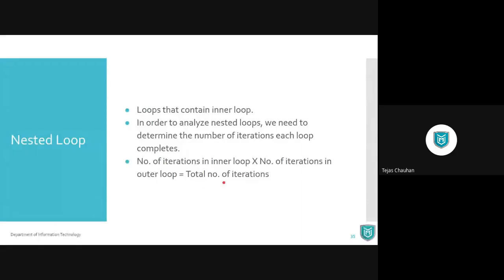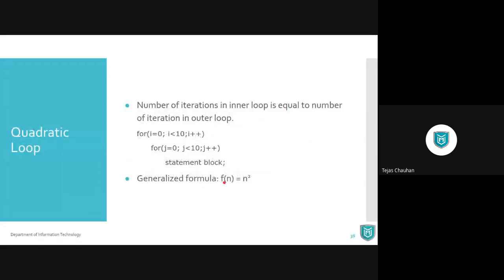Let's take one example here. If this is the example, you have an outer loop of i 0 to 10, then you have an inner loop of j 0 to 10, and then you have the executable statements. Now in this case, we need to find out how many times this statement is being executed.